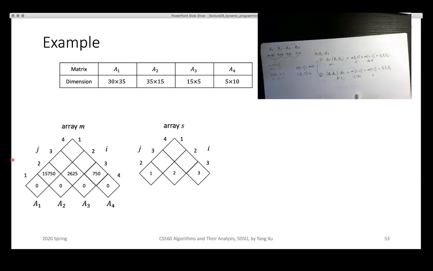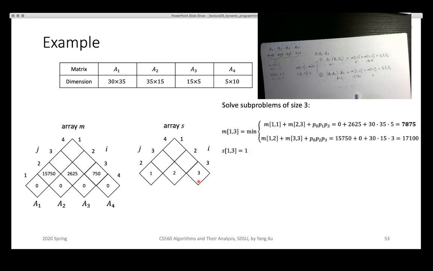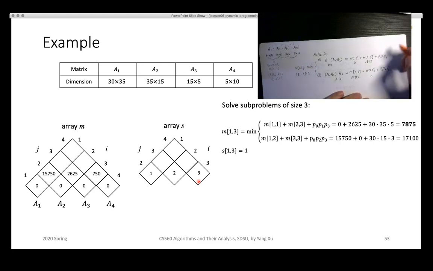So having these numbers computed, we can see that this one is 7,875, which is smaller than 17,100.